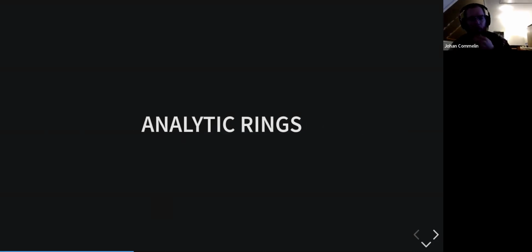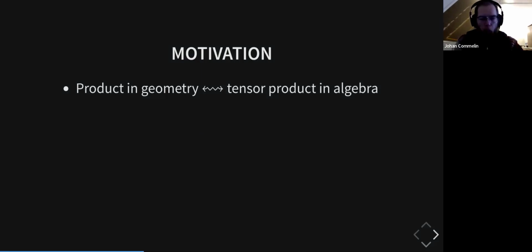Okay, so now let's talk a bit about analytic rings. So let's start with a bit of motivation. Products in geometry, under this contravariant duality between geometry and algebra, correspond to coproducts, and coproducts in algebra are typically tensor products.